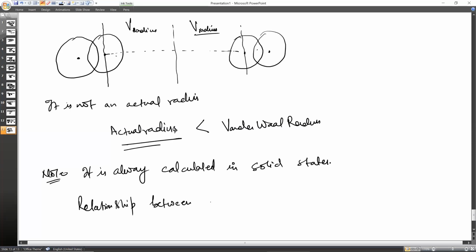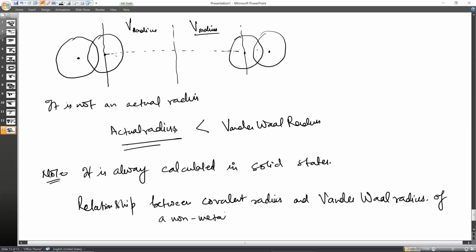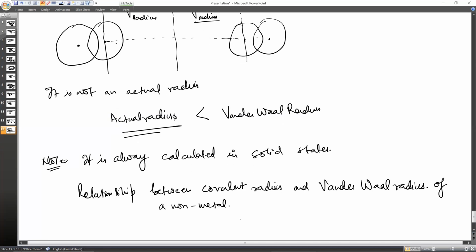We can say that 2 times the covalent radius is approximately equal to the van der Waals radius, that is, covalent radius is approximately equal to van der Waals radius divided by 2. Got it?